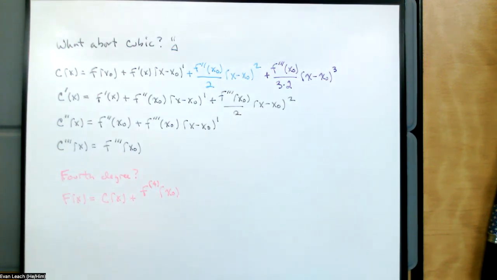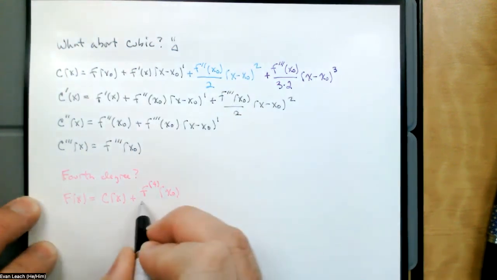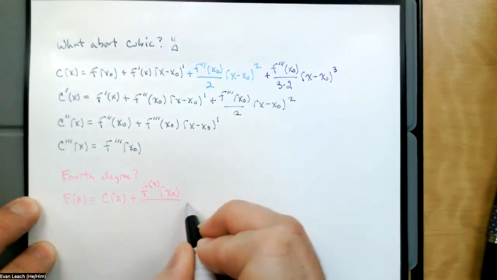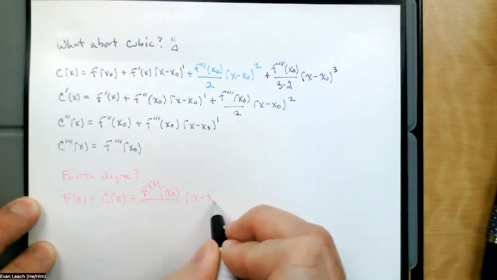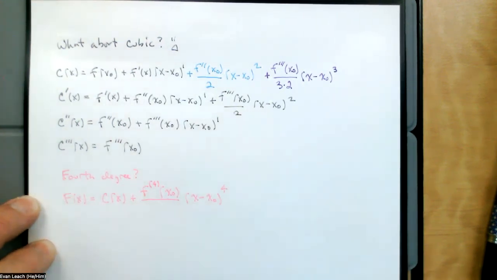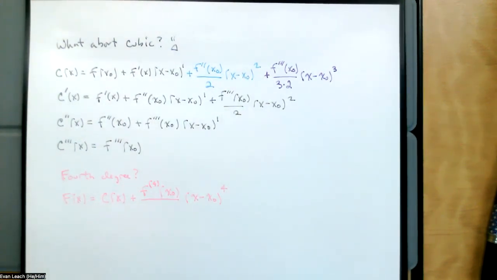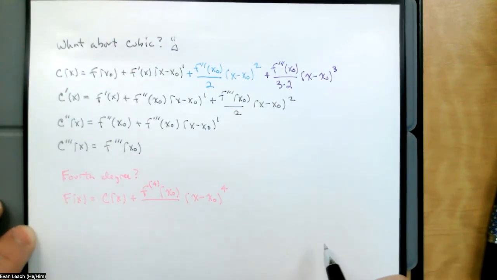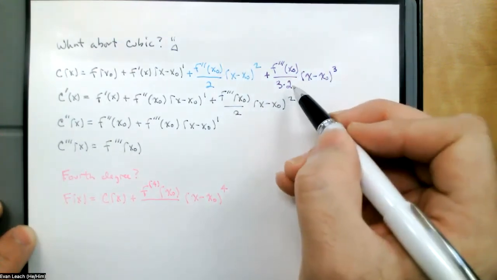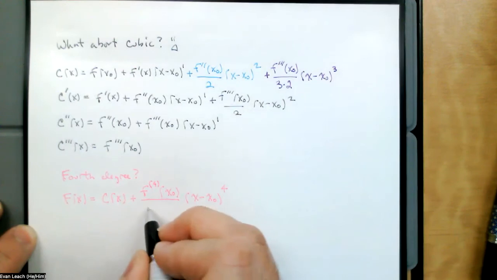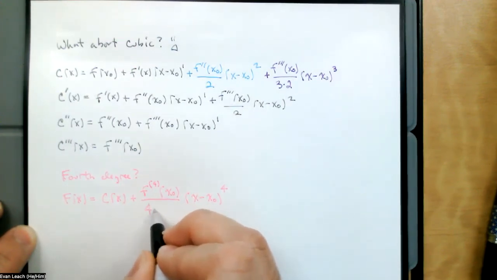What am I going to have to divide by? Considering that this one has an x minus x naught to the 4th power, we'll need to cancel out a 4, a 3, and a 2. That'll be 24.